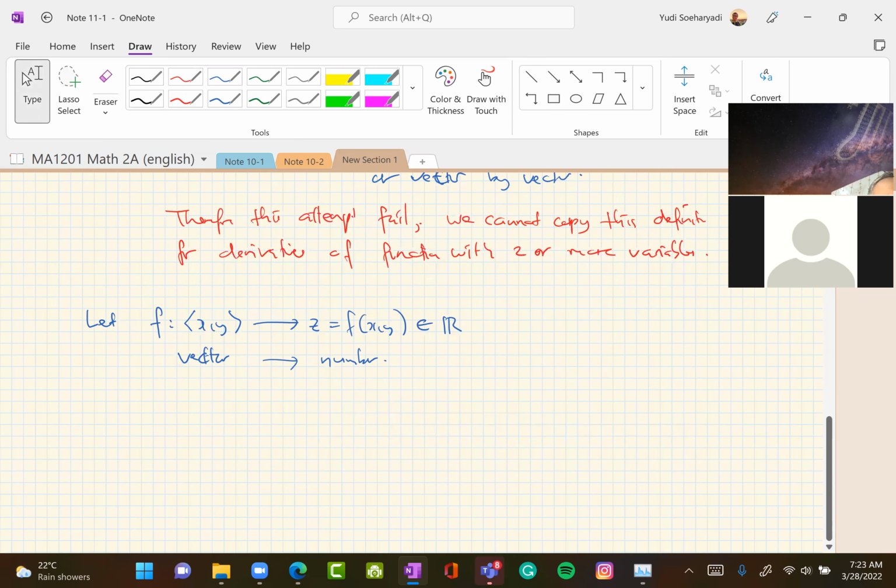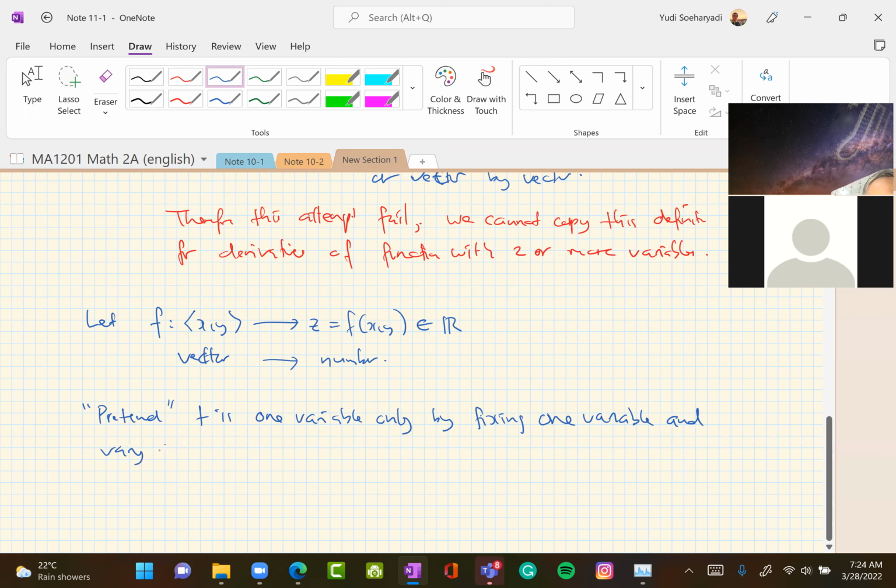Let's pretend f is of one variable only, by fixing one variable and varying the other one.